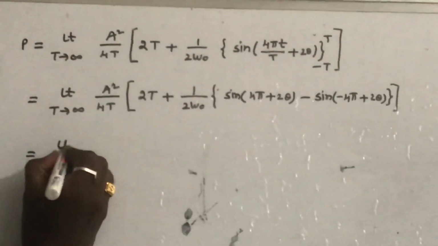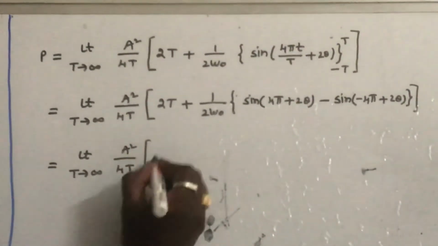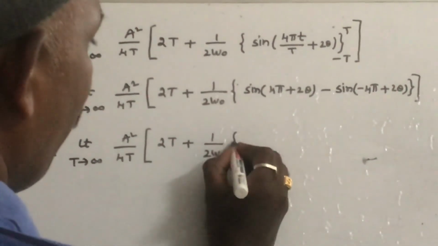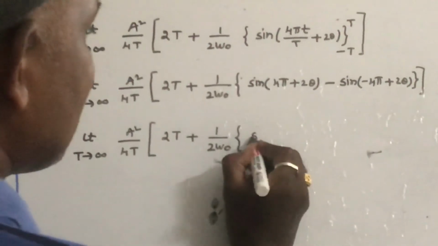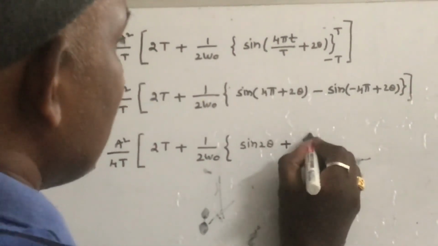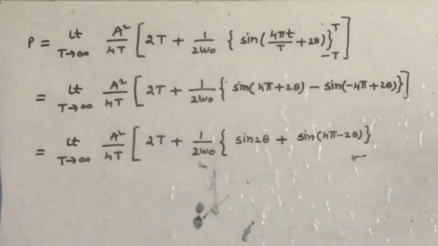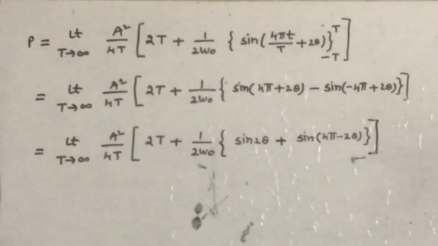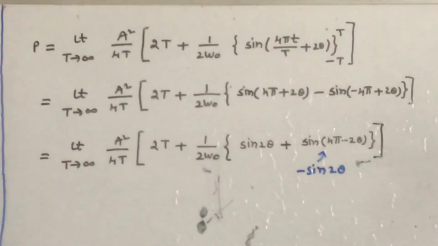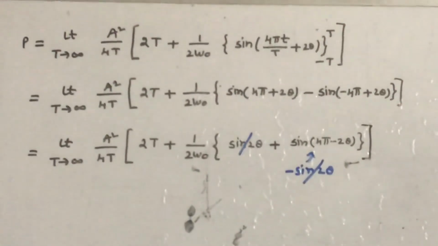So you can see that limit T tends to infinity A square by 4T into 2T plus 1 by 2 omega 0 into, from trigonometry, sin of (4 pi plus 2 theta) is sin 2 theta. If you take minus common, minus into minus will become plus, so it will become sin of (4 pi minus 2 theta), and as you know sin of (4 pi minus 2 theta) is minus sin 2 theta. You can clearly see that sin 2 theta minus sin 2 theta gets cancelled. So this entire term will come out 0.